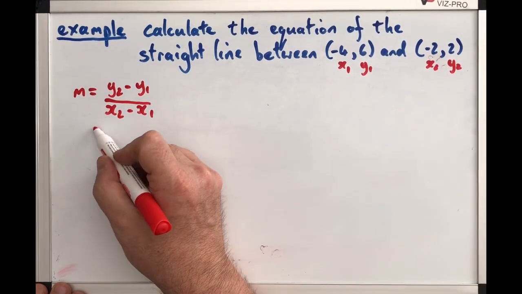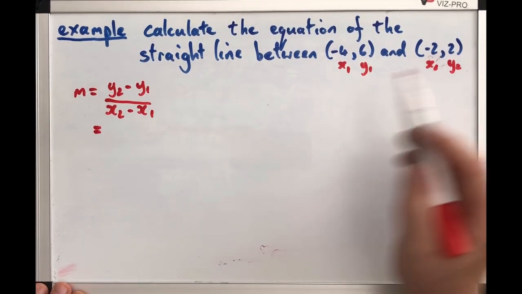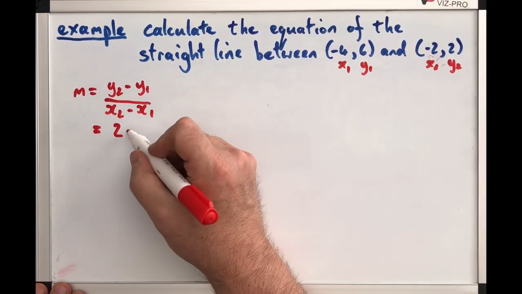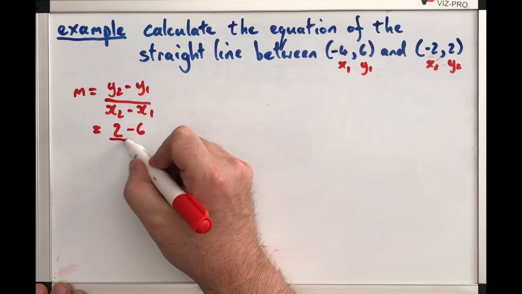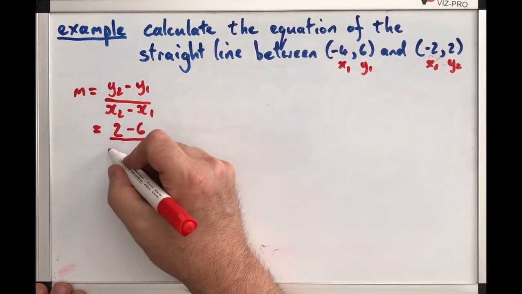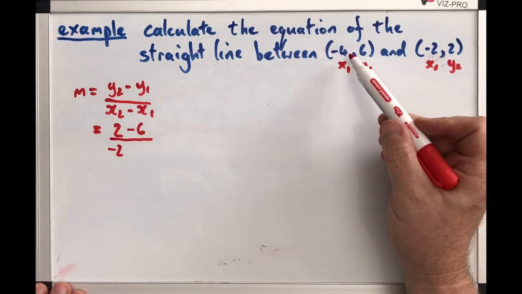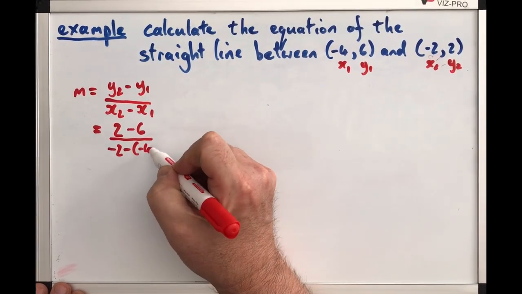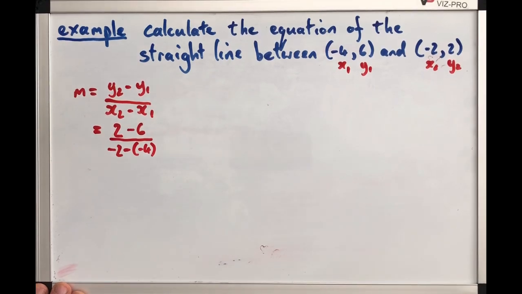So, 2 minus 6 over minus 2, minus a minus, which we should remember is a plus.